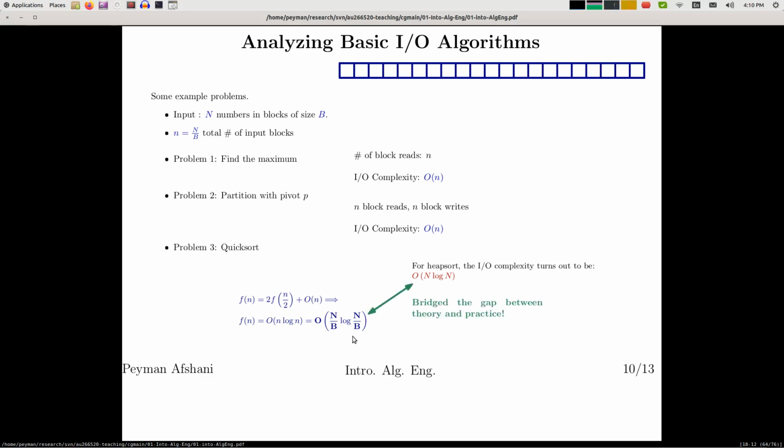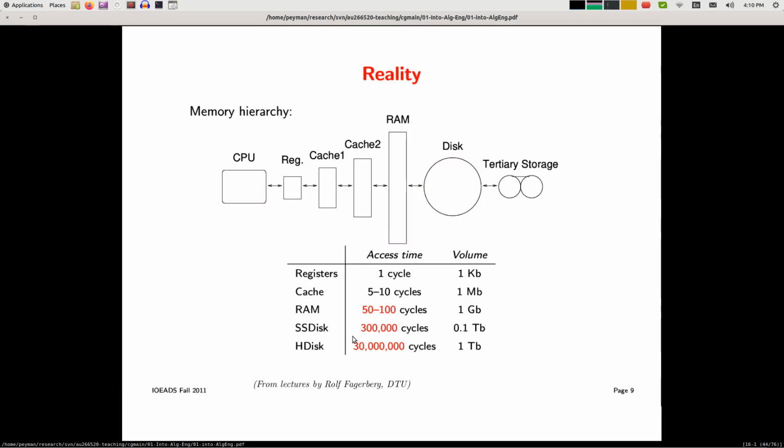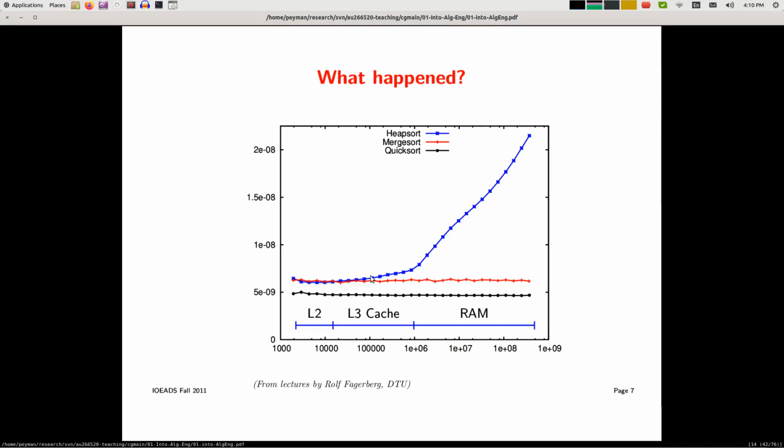And this can explain the gap that we saw between theory and practice, because if I go back to the picture that I had before, this was where we started the story. Heap sort blows up as your input does not fit inside a particular level of cache. It blows up a little bit once it doesn't fit in L2. It blows up a little much more when it doesn't fit in L3.